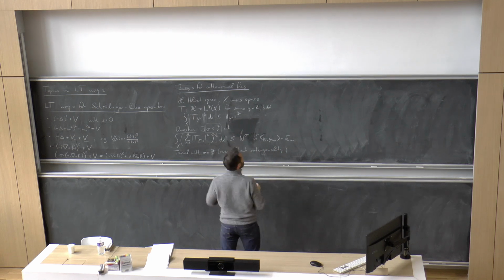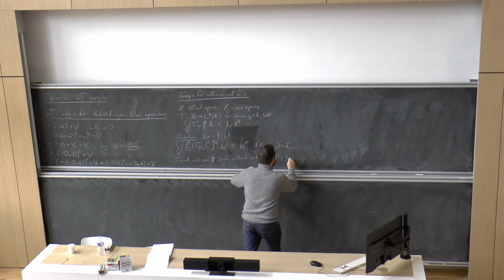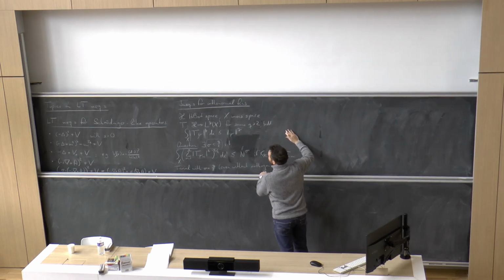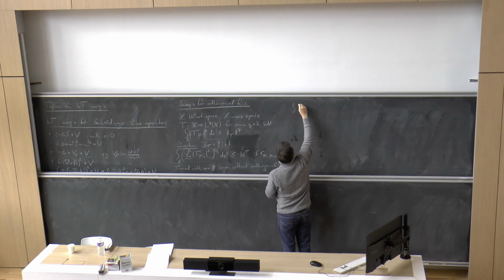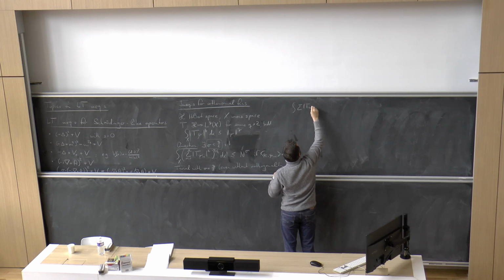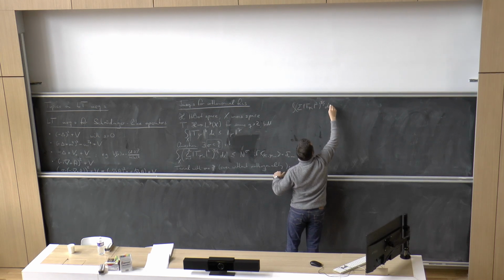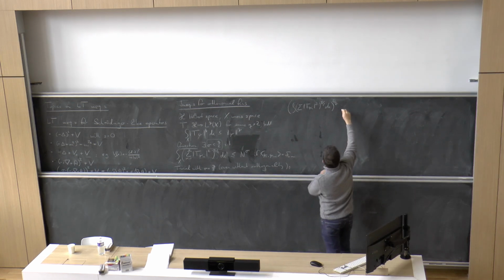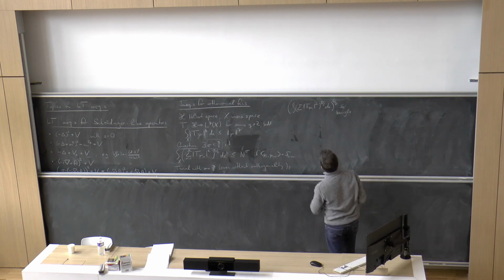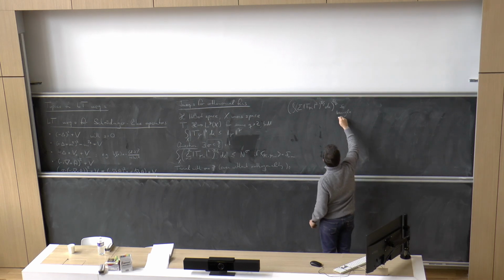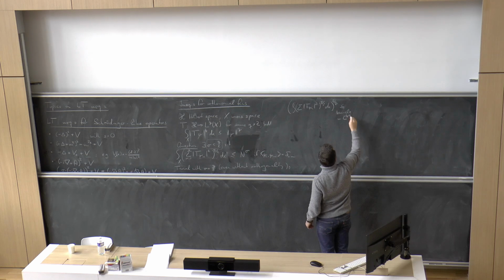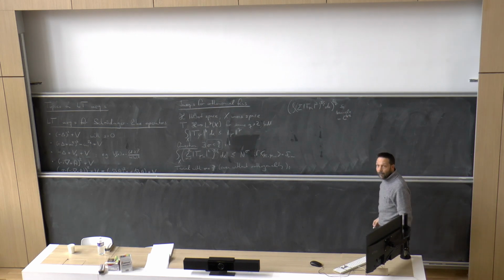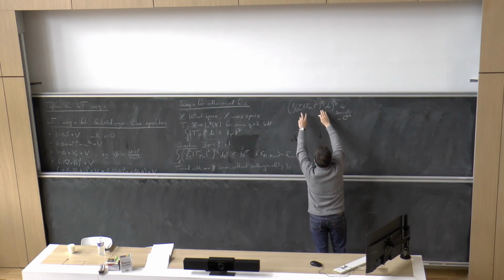Where does that come from? Well, you have the integral of the sum of T psi n squared to the power Q over 2 dx, to the power 2 over Q. Now you apply the triangle inequality in L^(Q/2).